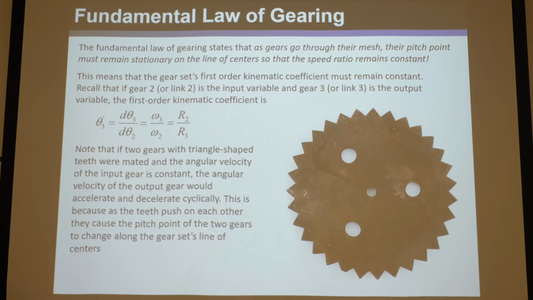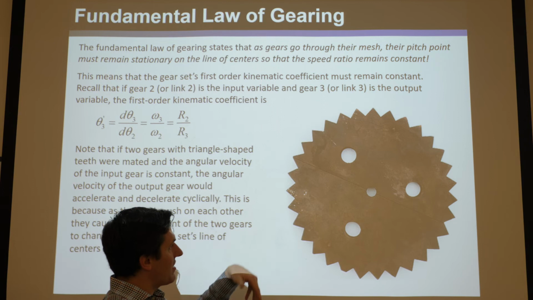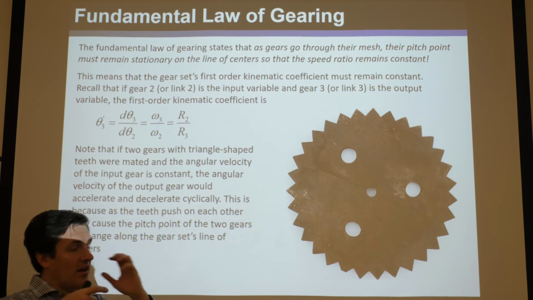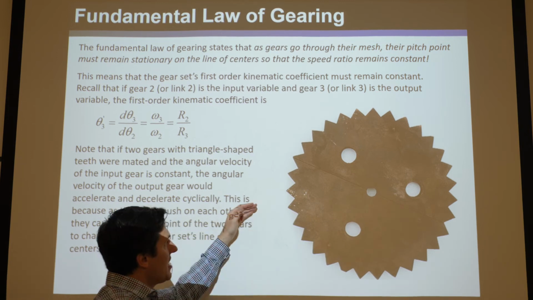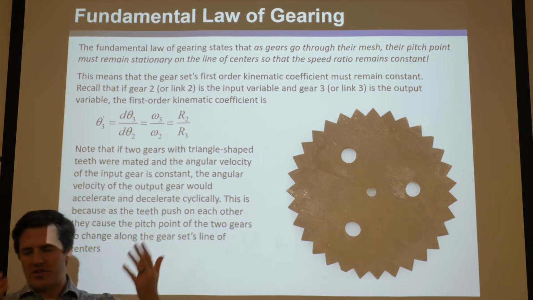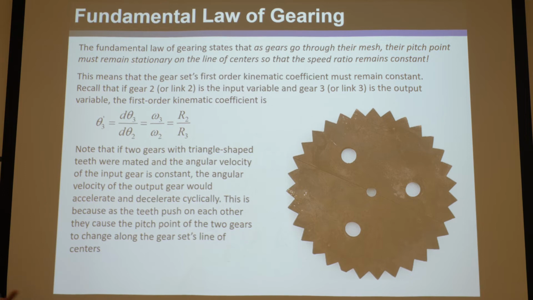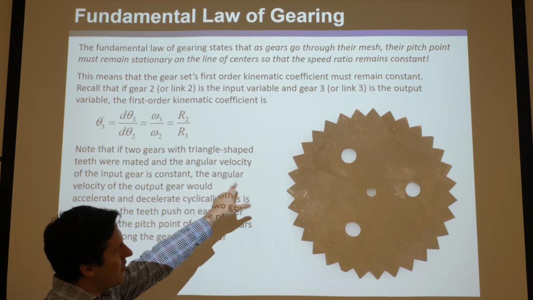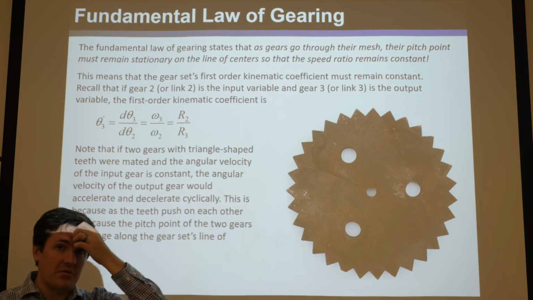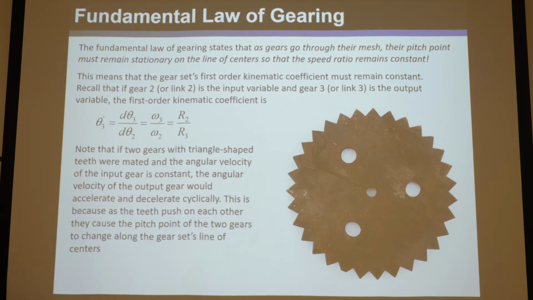This is because the teeth push on each other, and as they do, they cause the pitch point of the two gears to change along the gear set's line of centers. So if you put these two gears together with triangular teeth, as one rotates with a constant angular velocity, because the teeth are so bizarrely shaped, the output gear would speed up and slow down in a cyclic way, and you would violate the fundamental law of gearing.